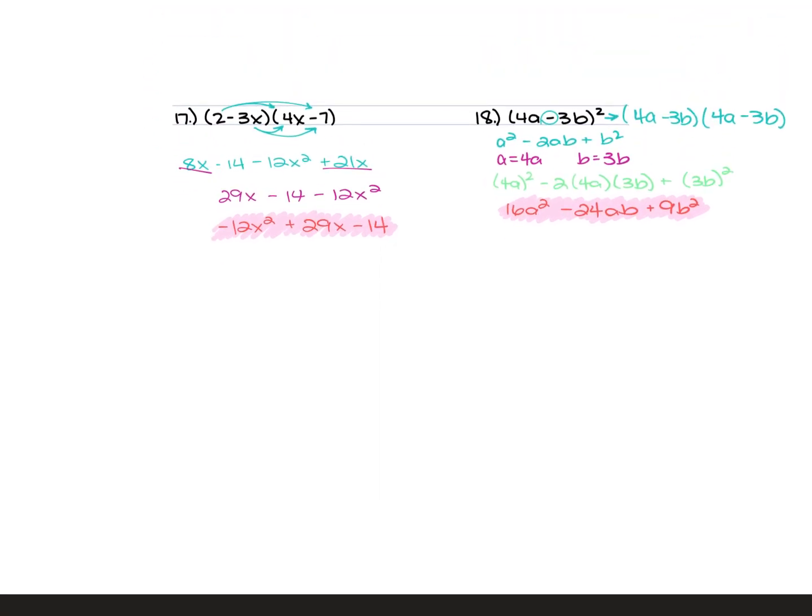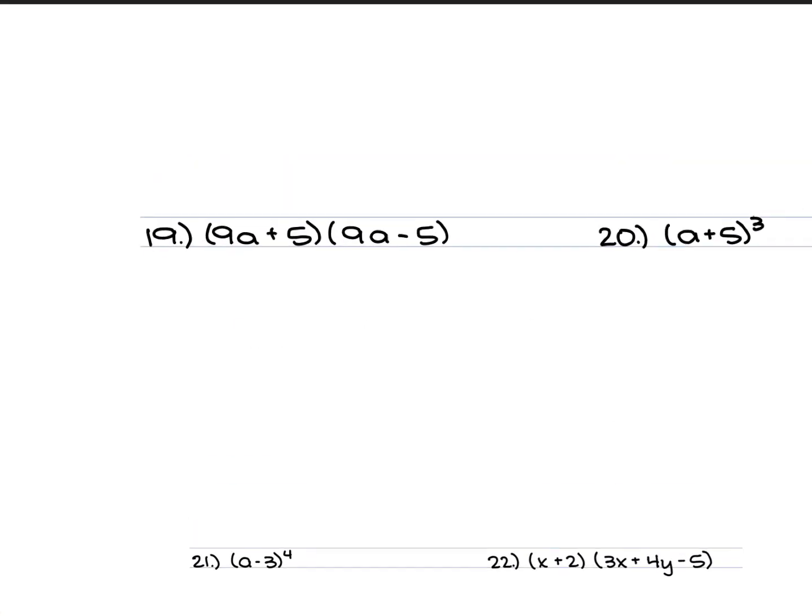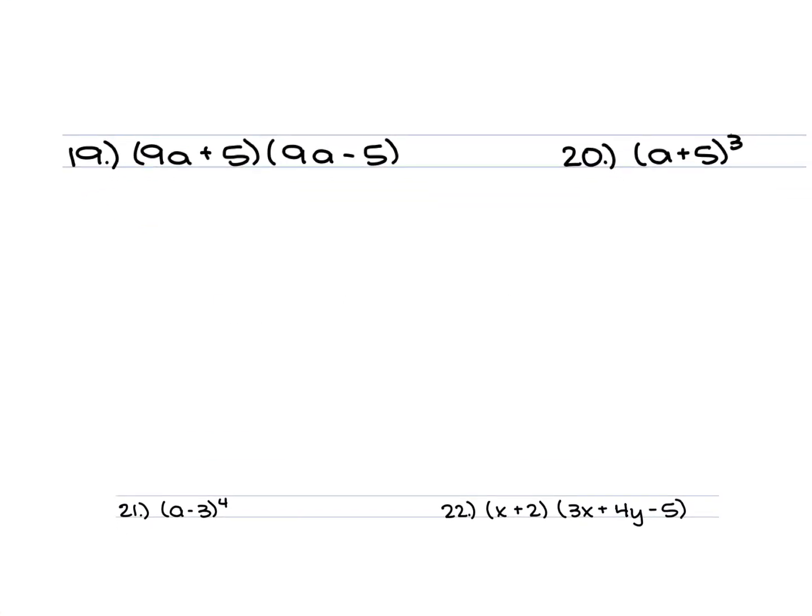For number 19, we have 9a plus 5 times 9a minus 5. For these, your A is the same in both, your B is the same in both. However, they're opposite signs. So if you want to FOIL it out and then combine like terms, you could.